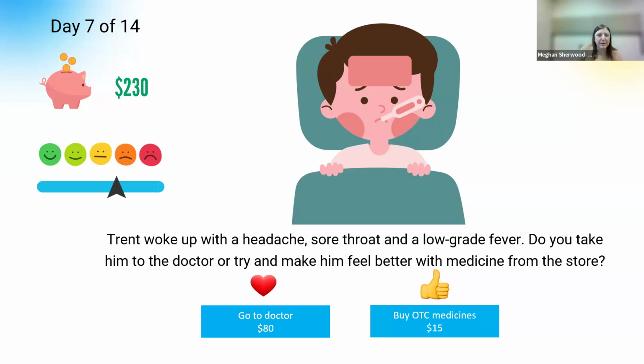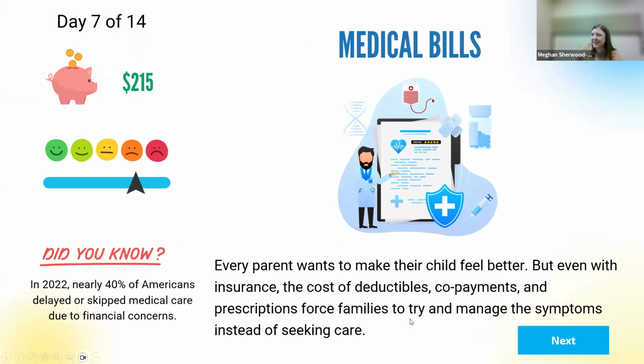Heart if we think we should go to the doctor, or thumbs up for trying to ride it out with some Benadryl, Tylenol maybe. Okay, looks like most thumbs up there. We'll try some over-the-counter meds and see if that can help break his fever and help Trent just feel better versus taking him to the doctor.